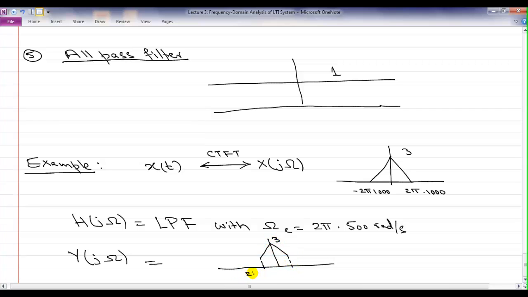This will be minus 2 pi 500 to 2 pi 500, because everything beyond 500 was getting multiplied by 0, so that got killed off. Okay? So in this case, all frequencies above 500 hertz get killed.